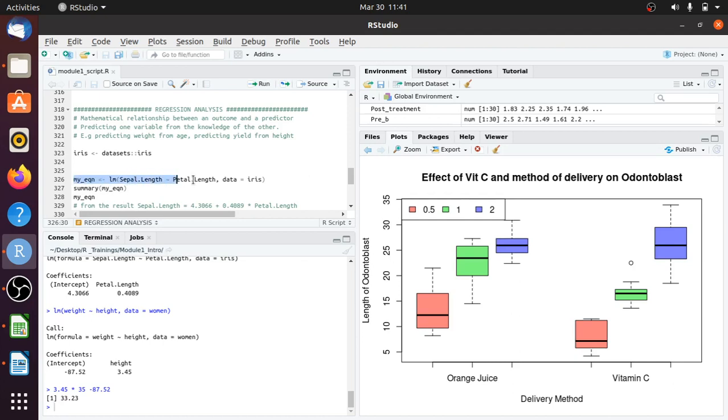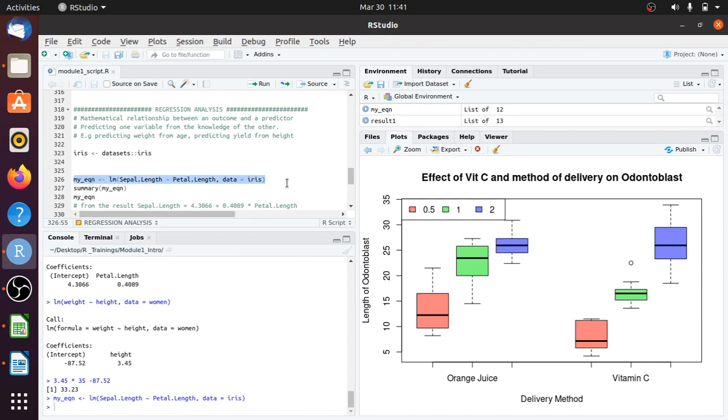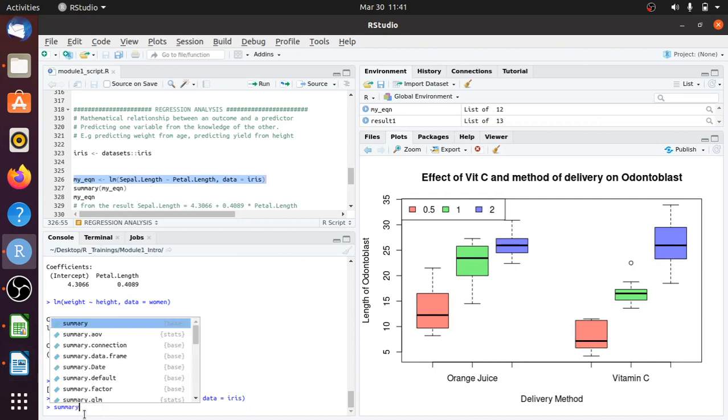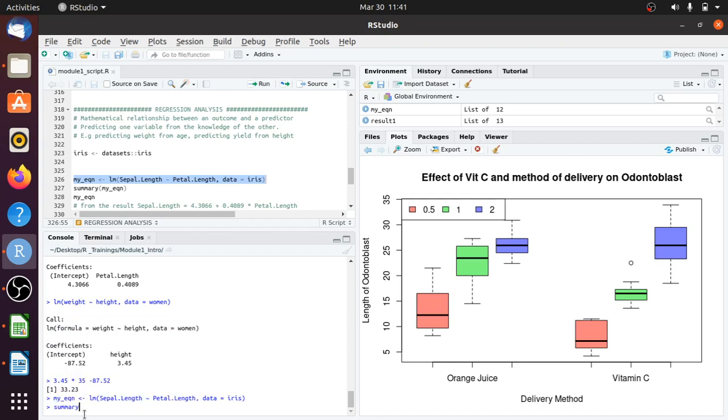Let's assume we save our sepal length dependent on petal length equation. I want to look at the summary of my equation. That's another way.